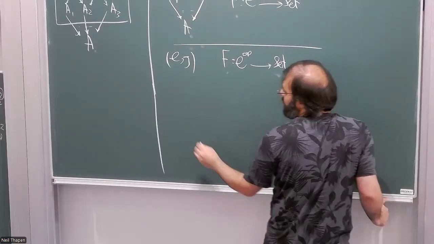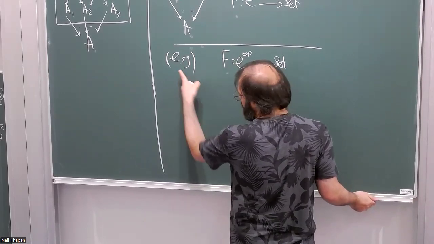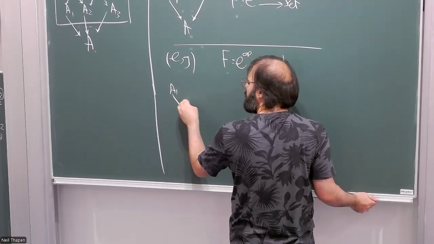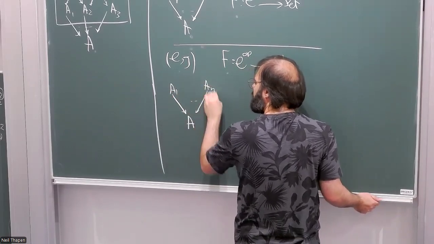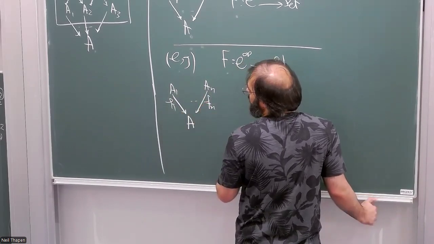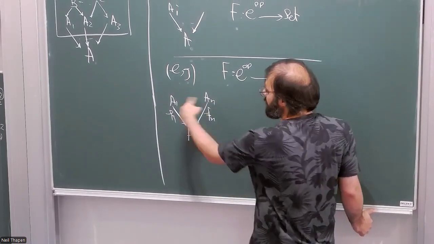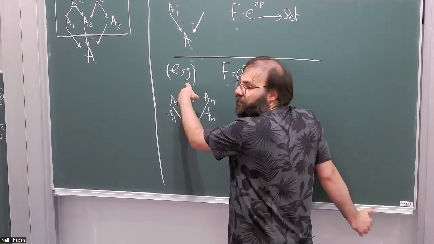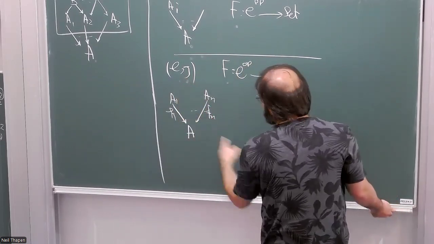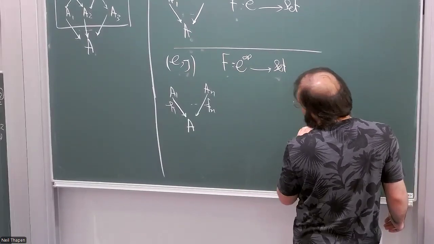I have the following property. Whenever I have A, some object in C, and a covering family, let's say A1 up to An, with maps f1 up to fn. And of course, it is covering according to J, meaning that this family is in J of A. Then for any covering family, you have to have the following for your F to be a sheaf.